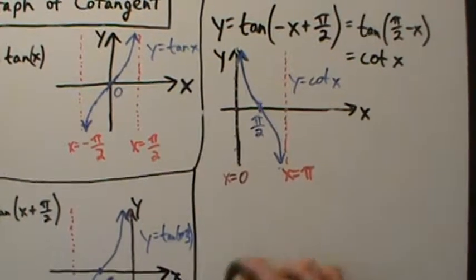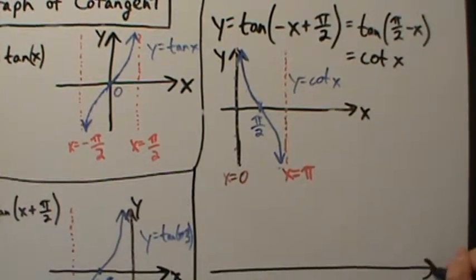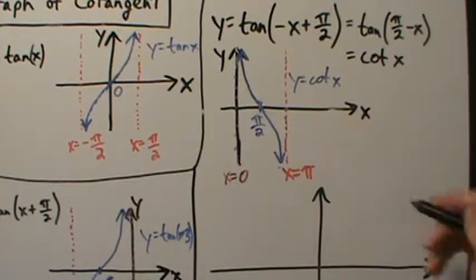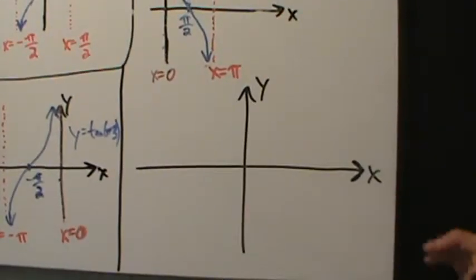So what if we want to graph several? So we'll end the video by graphing several pieces. So, x-axis, y-axis. So let's put some vertical asymptotes in here.